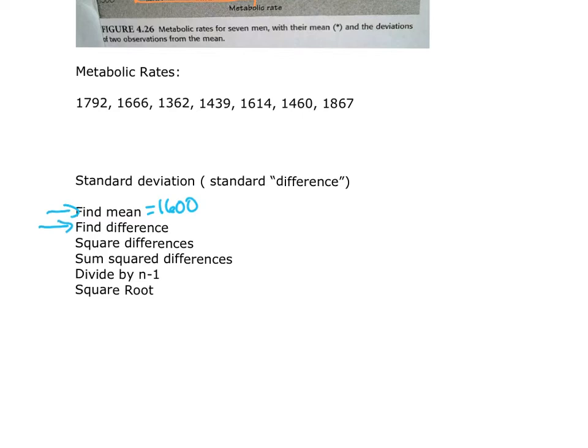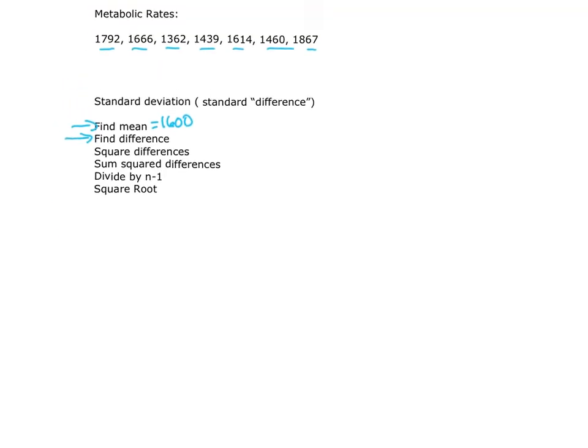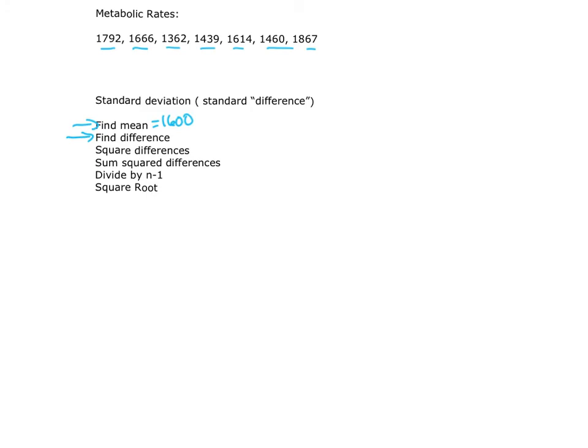That means we take each of these individual values, all 7 of them, and we're going to subtract the 1600 from them. So that means we're doing 1792 minus 1600, 1666 minus 1600, and so on for each of these values.